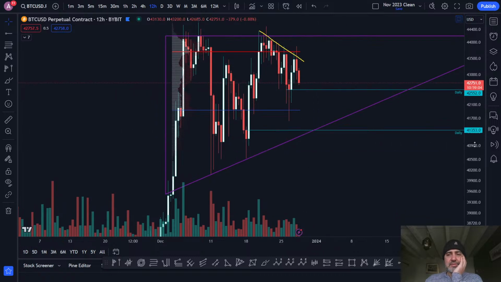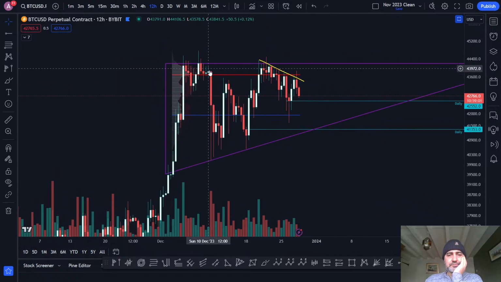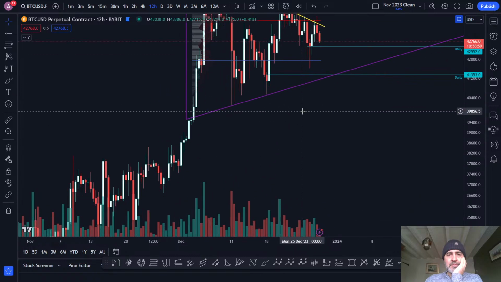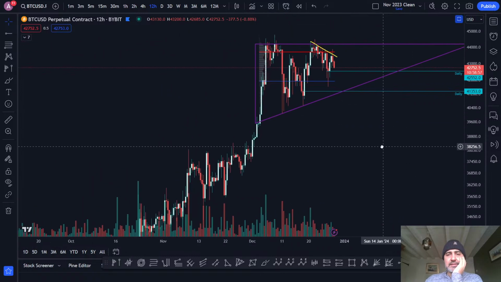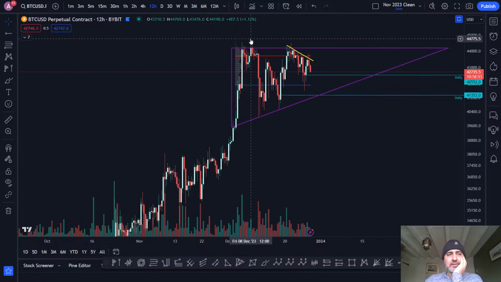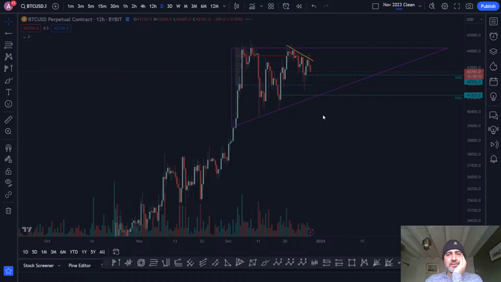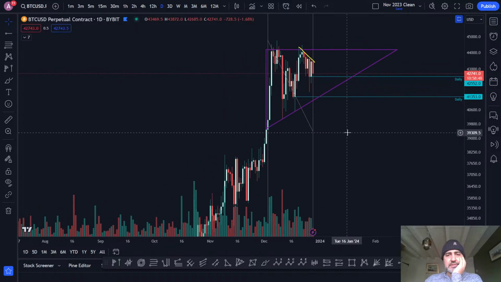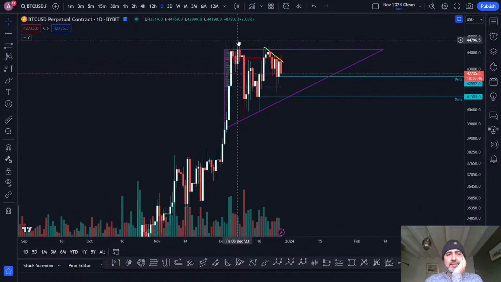And as long as we, you know, technically, this is the higher high up here on the daily time frame I'm looking at now. This is the higher high.